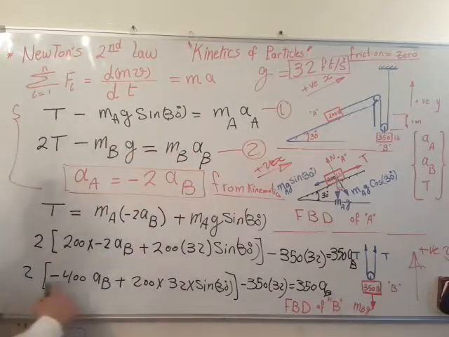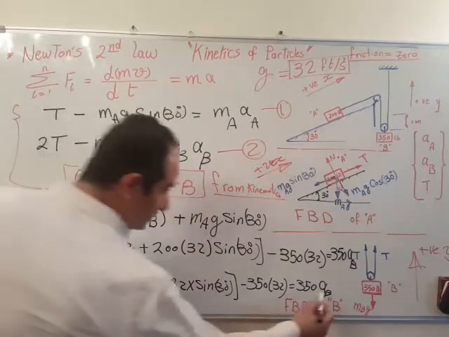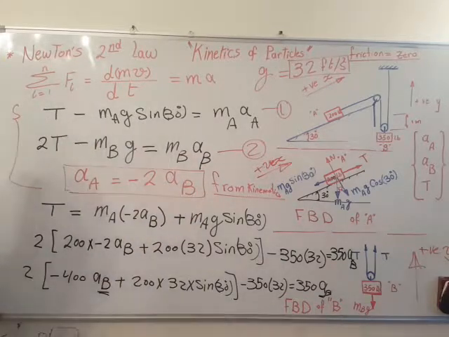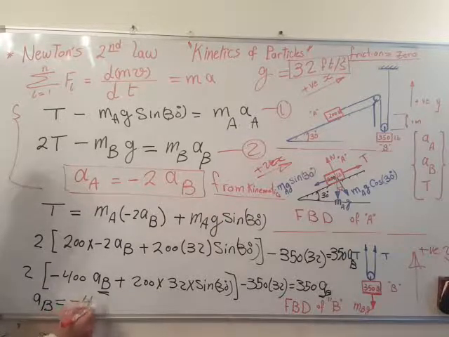We have one equation and one unknown, which is AB. You can easily calculate the value of AB, which is equal to minus 4.2 feet per second square.